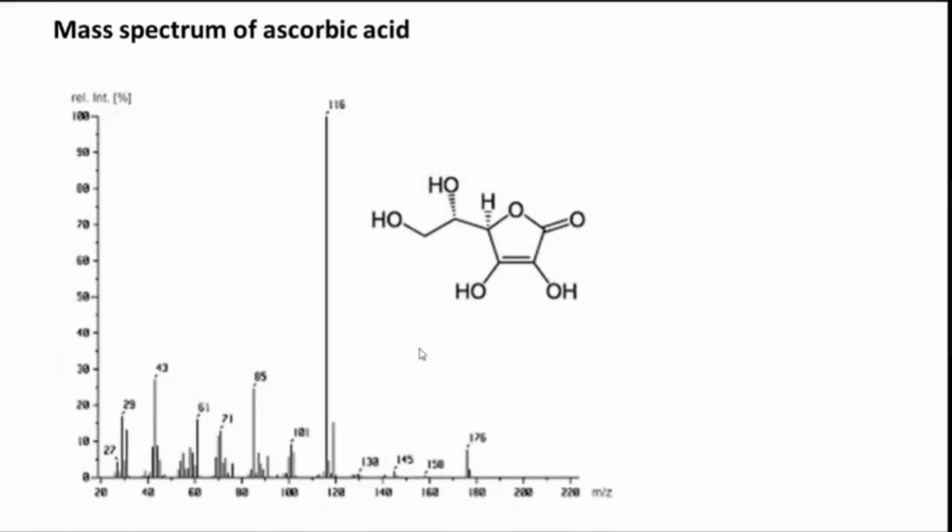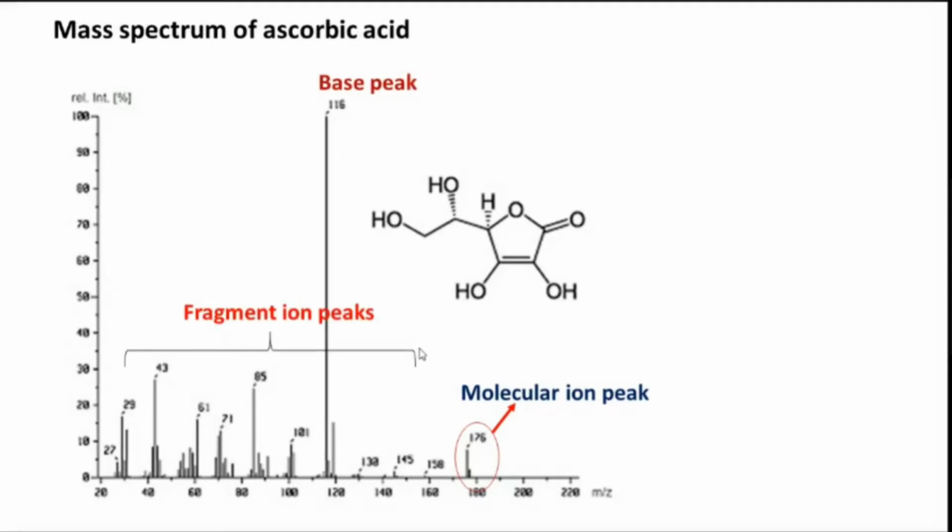Okay, so this is the enlarged version. This is the molecular ion peak, this is the base peak, and these are fragment ion peaks. Classical mass spectral analysis usually considers only three terminologies: base peak, molecular ion peak, and fragment ion peaks.